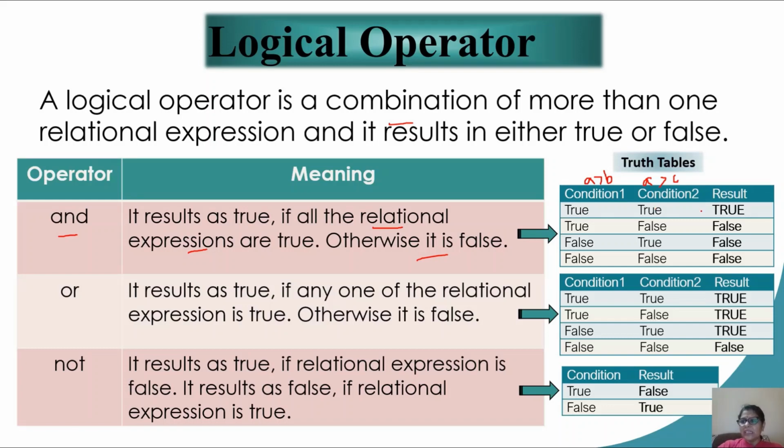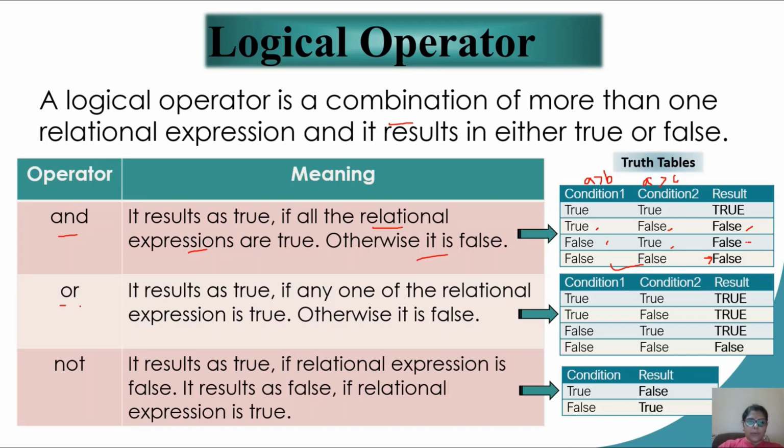In that case, the entire condition would result in true. If my first condition is true but the second condition is false, using the AND operator I'll get a false result. If the first one is false and the second one is true, that would also result in false. If both the conditions are false, very obviously this will give me a false result.